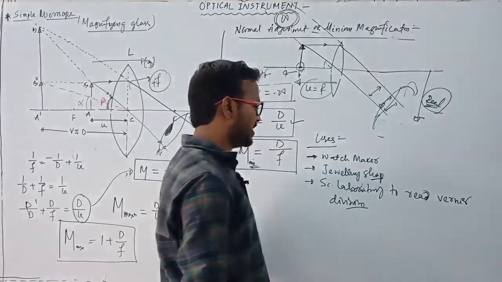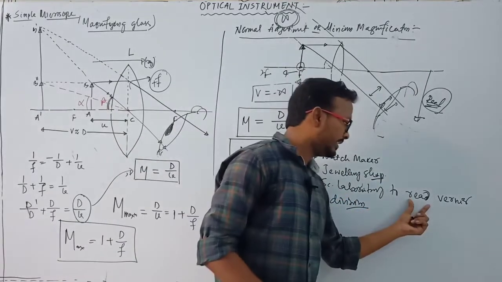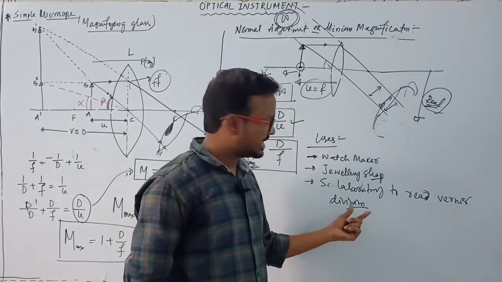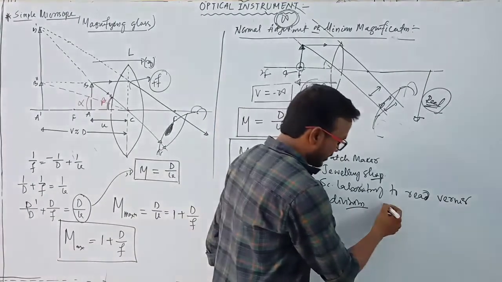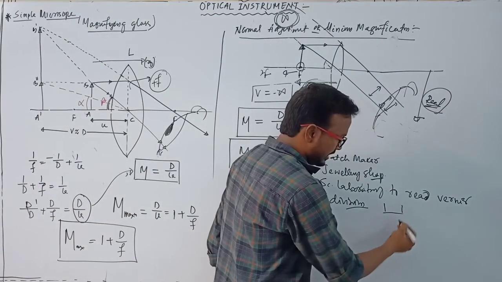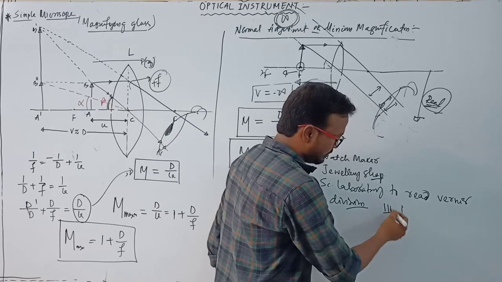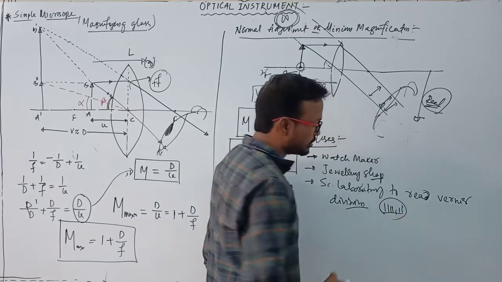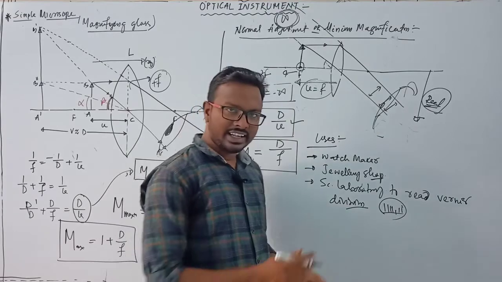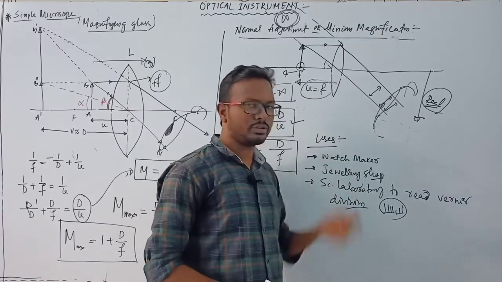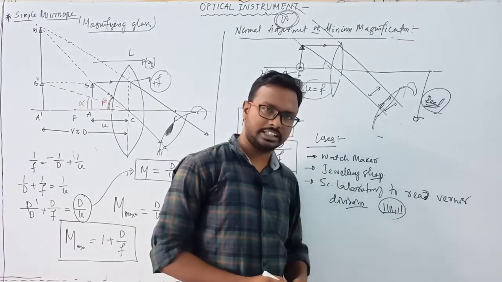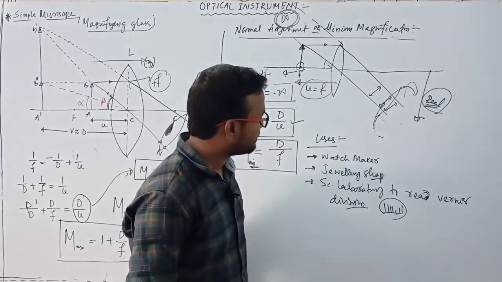In the science laboratory it is used to read the Vernier division, that is, small divisions. Suppose there is a 1 centimeter gap, then in between that 1 centimeter there are a number of lines, so it is difficult to count with the naked eye. At that time we will use a simple microscope for magnification, clear. So these are the important uses.